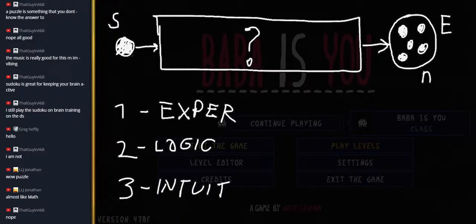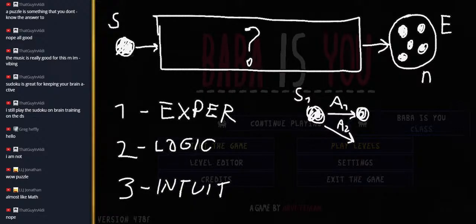Third way, and the most efficient way of solving puzzles, is intuition. Intuition is built up as you do puzzles. So basically, you have a starting state 1. You can take an action 1 or 2. You know action 1 is a valid one.